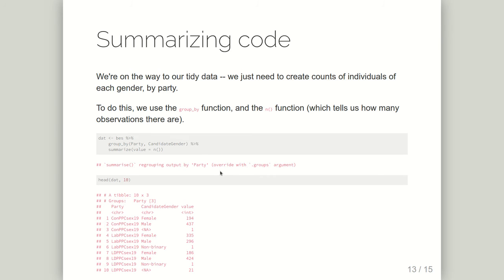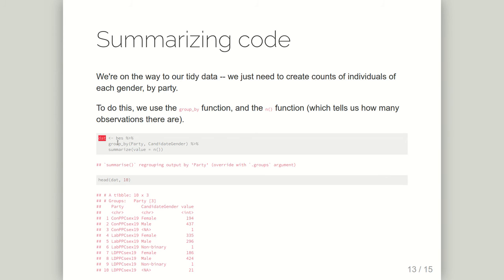Instead of having each row for a constituency party combination, we need to get counts of individuals by gender and party. And so what I'm going to do is use the group by function and then summarize so that we record the number of observations. So we're getting frequencies again. So let me walk you through the code.